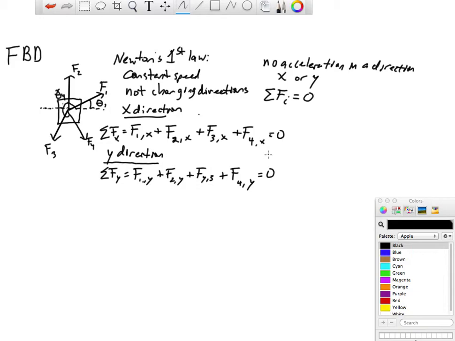So he's being pulled in multiple directions. I give you three of the forces, and I tell you there's some fourth fan that is pulling on him in both the x and y direction. I want you to find what these components are, and then use them to find the total force that this fan is pulling on him with, and also the direction of that force.